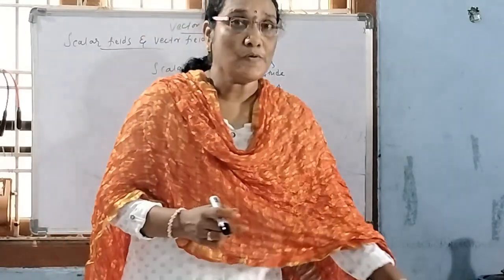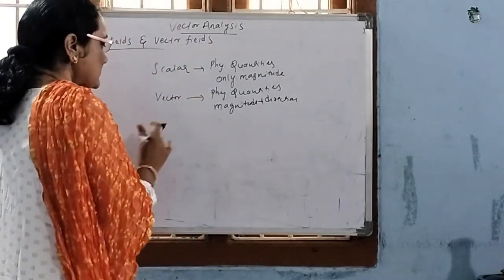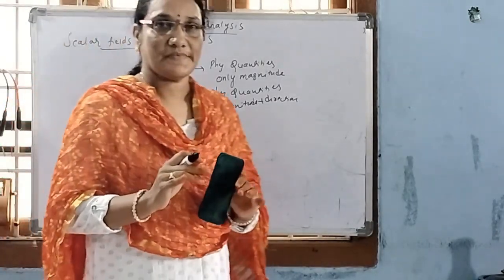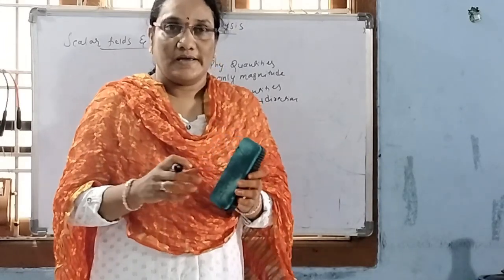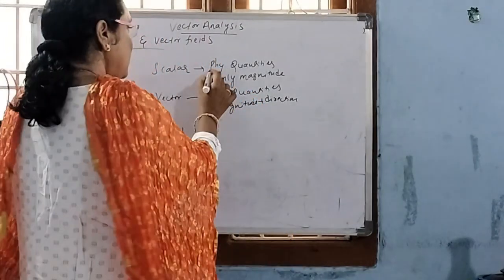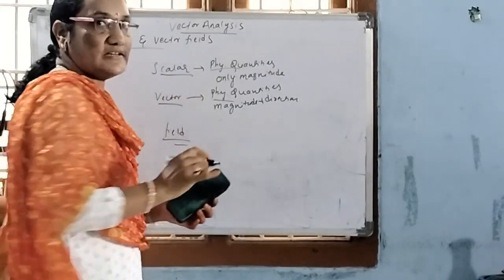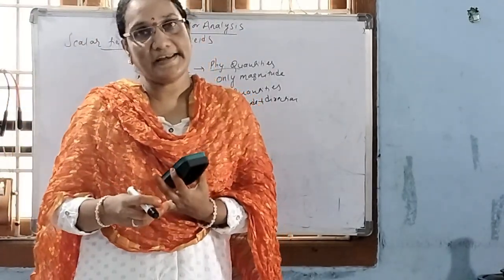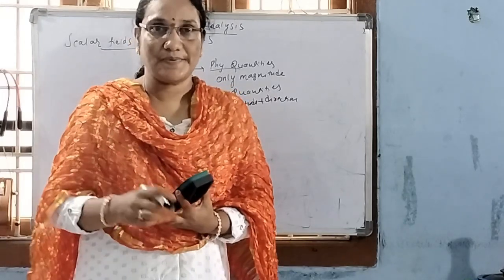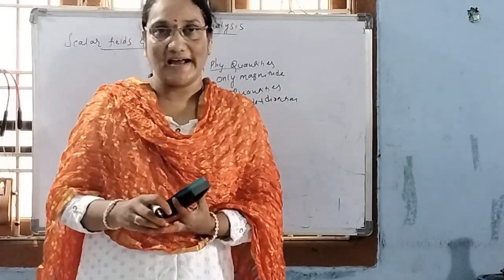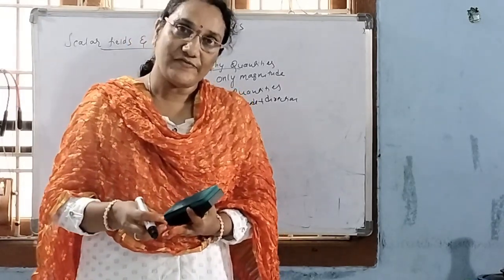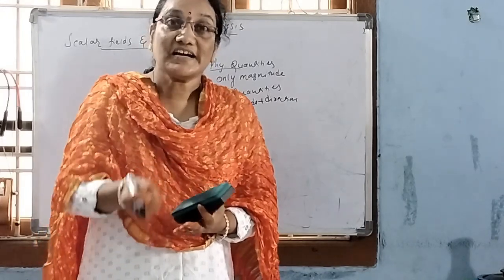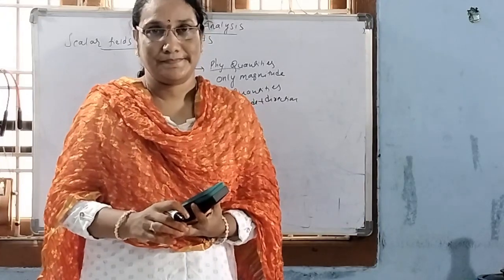Right? Now, first let us discuss what is field. Now here we have to explain any physical quantity, either scalar or vector. So directly explaining it becomes somewhat difficult. Instead of that, we can express these quantities as continuous functions.